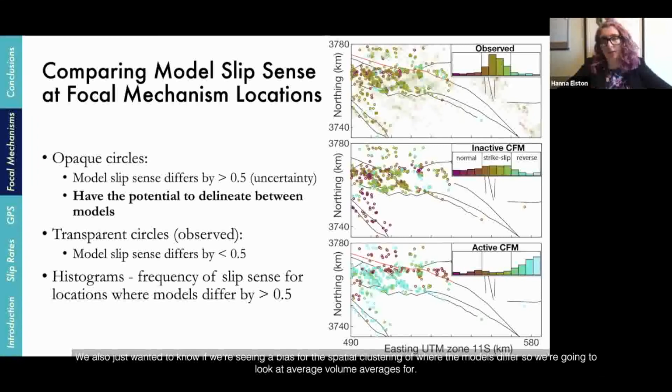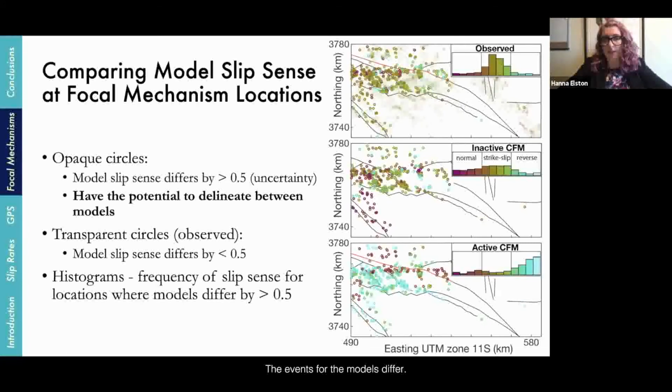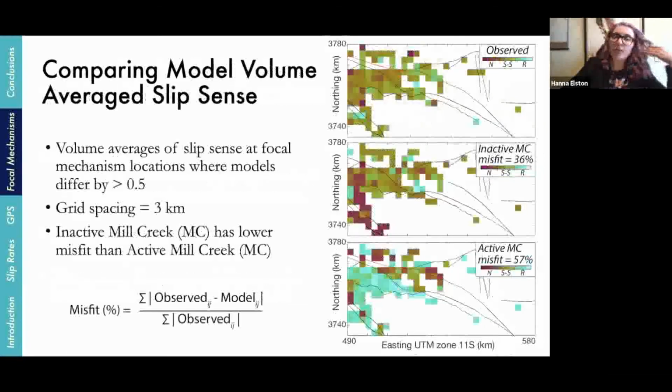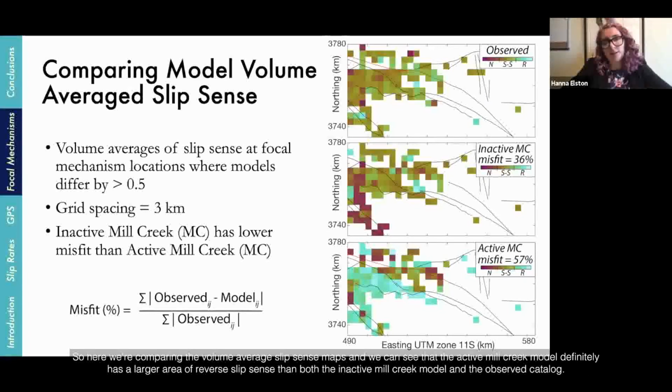We also wanted to know if we're seeing a bias for the spatial clustering of where the models differ, so we looked at volume averages for the events where the models differ. Here we're comparing the volume average slip sense maps, and we can see that the active Mill Creek model definitely has a larger area of reverse slip sense than both the inactive Mill Creek model and the observed catalog.